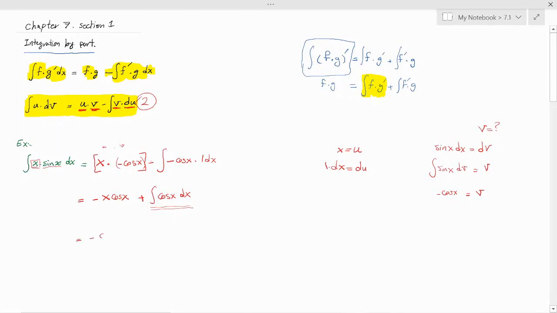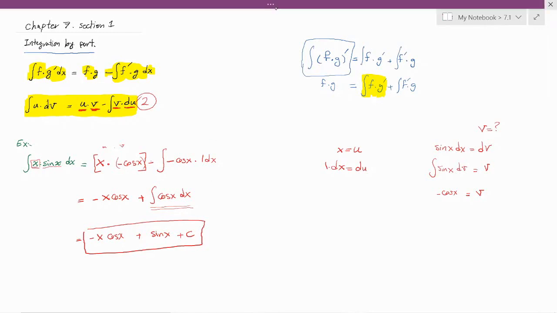So I can say this is negative x cosine x plus the integral of cosine. This one's supposed to be easy, sine x plus some constant c. Okay, this is the integral of the x sine x.